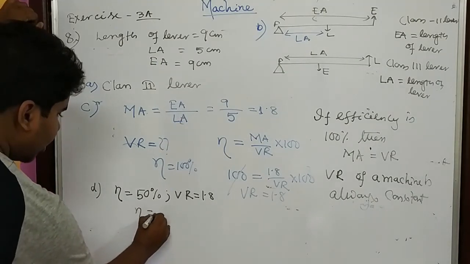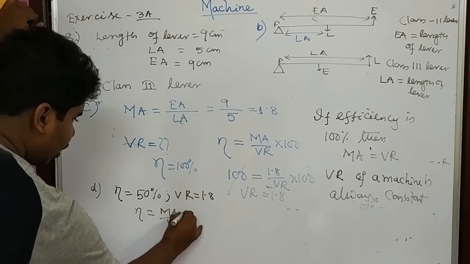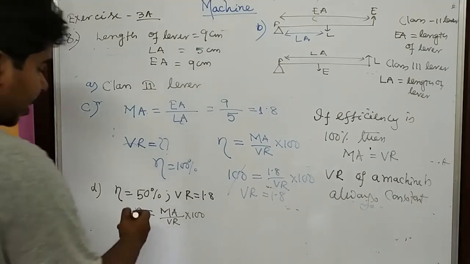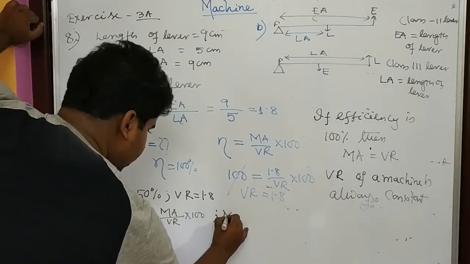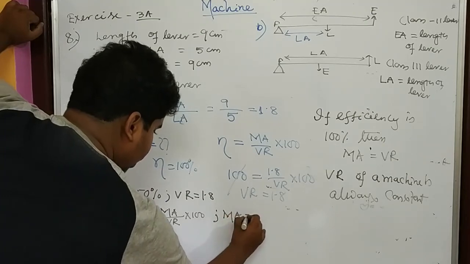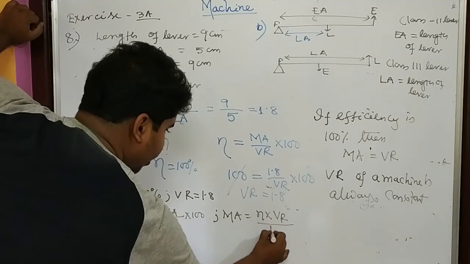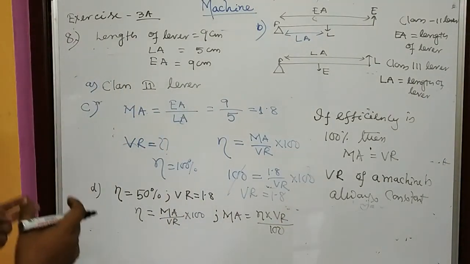We know eta equals MA by VR into 100, if I convert it into percent, and then MA equals eta into VR by 100.